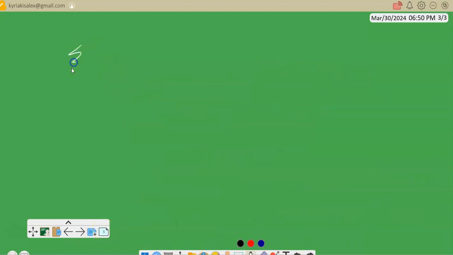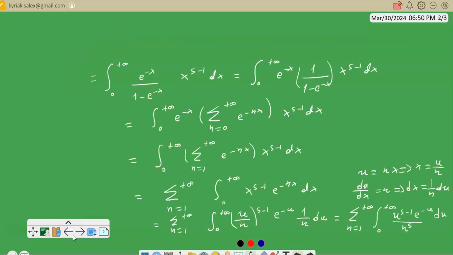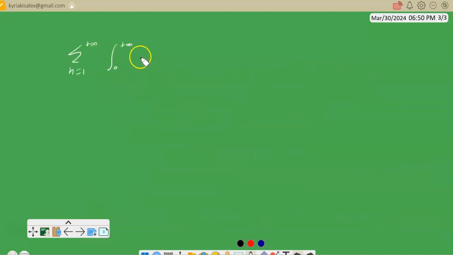It's the sum from n equals 1 to infinity, integral from 0 to infinity, u to the power of s minus 1, e to the minus u, divided by n to the power of s du.